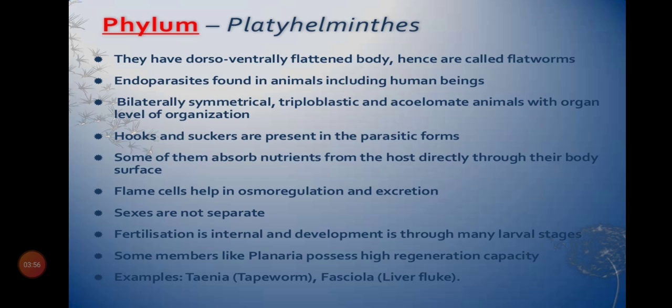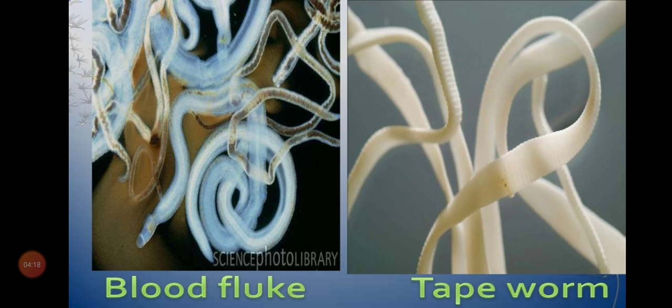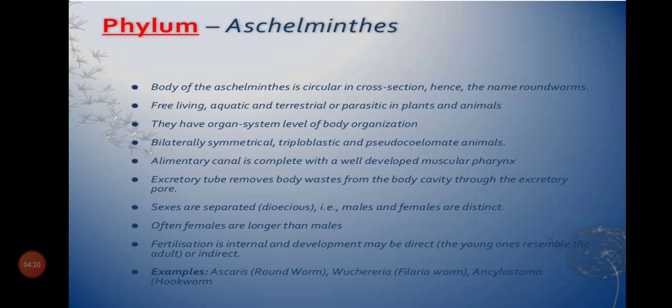Sexes are not separate, they are hermaphrodite, both male and female organs inside the same organism, and fertilization is internal. Examples are Taenia solium, the tapeworm, and Fasciola, the liver fluke. Next we'll move on to today's topic, Aschelminthes.